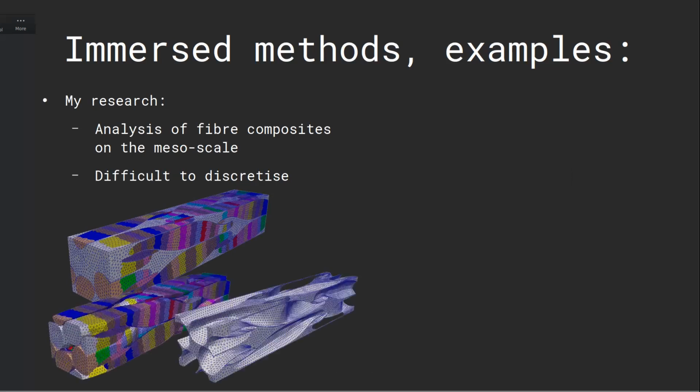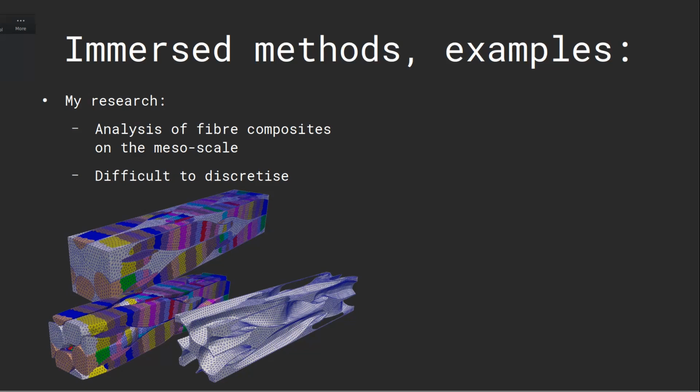As an example, here is a composite with woven bundles together. And the bundles are typically kind of nice and well behaved, so that we can generate quite nice standard meshes for those. But for the matrix, it's quite often difficult to obtain a good quality tet mesh.